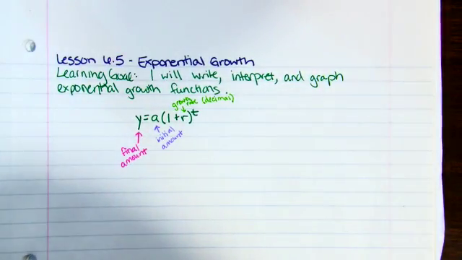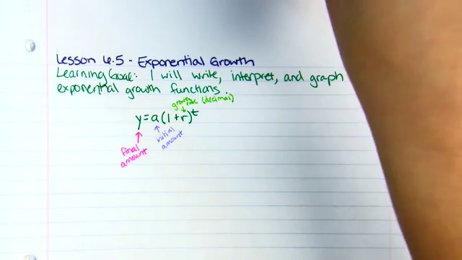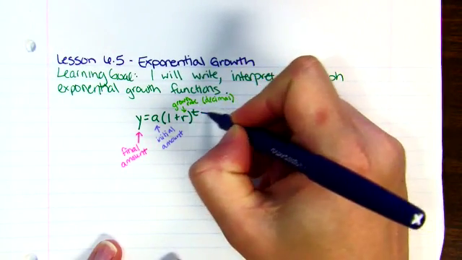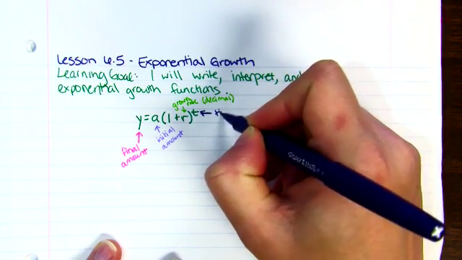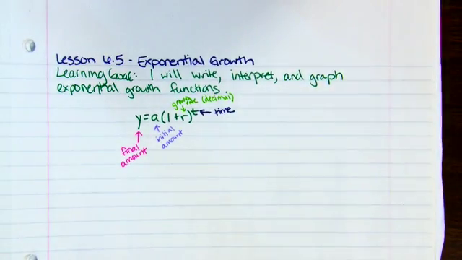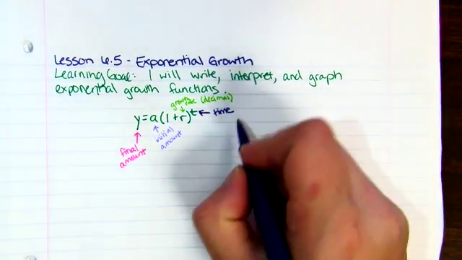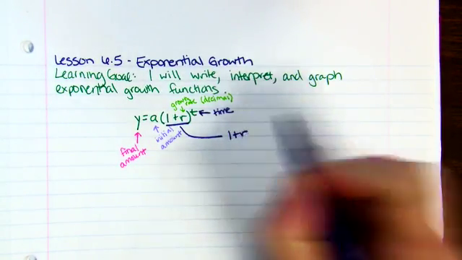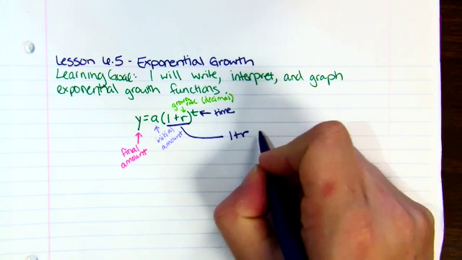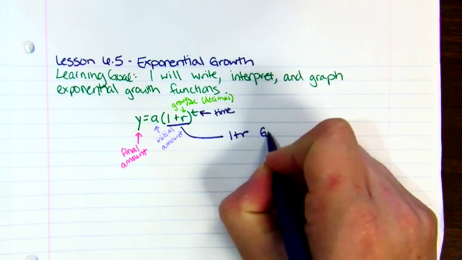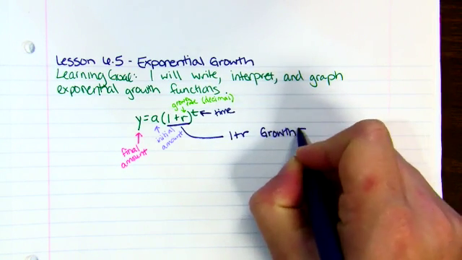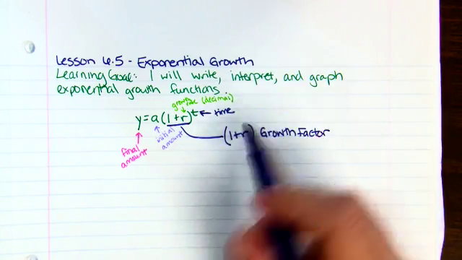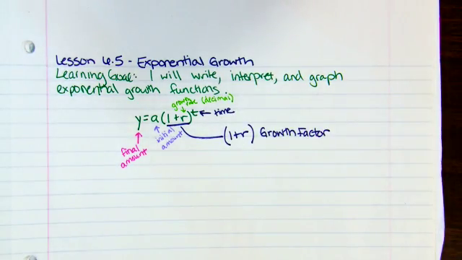And then t is going to represent time. And just something to be aware of, this piece right here, this 1 plus r, we call our growth factor. So that chunk is called the growth factor.